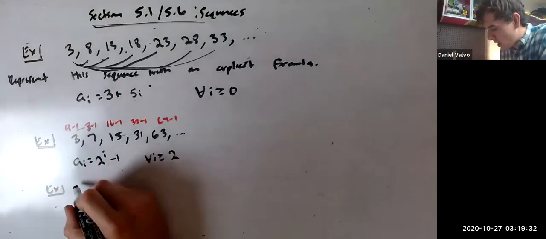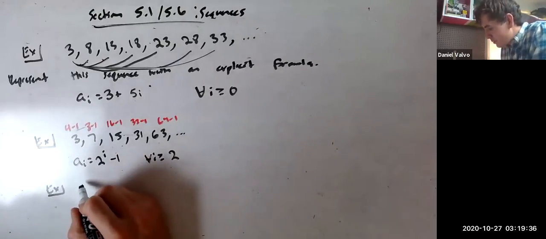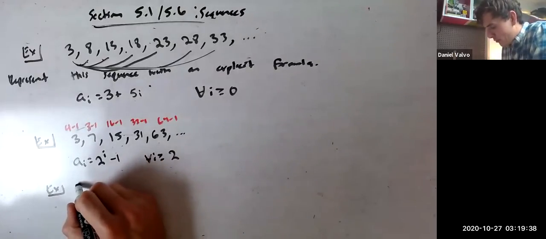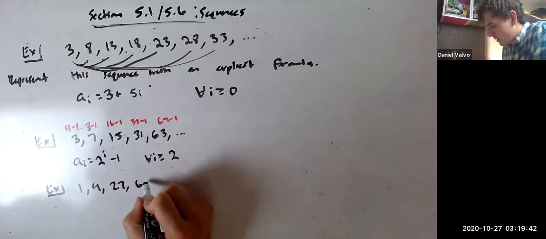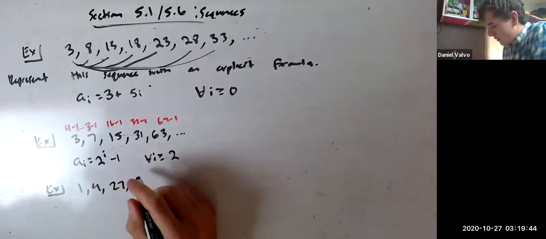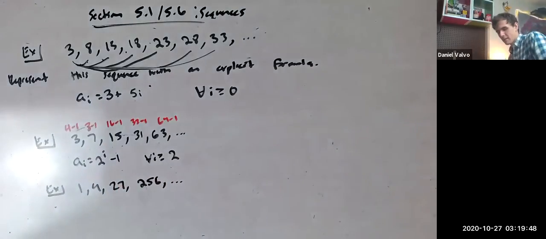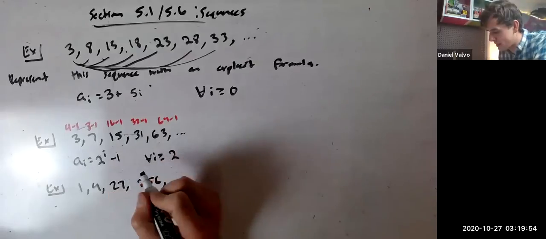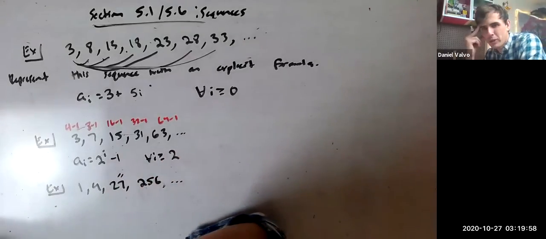But anyway, we're doing kind of science right now. So what if we have, this is the first one I wrote down, 1, 4, 27, 256. So let's start here. This number 27, I think, is the key to understanding this. What do you know about 27?